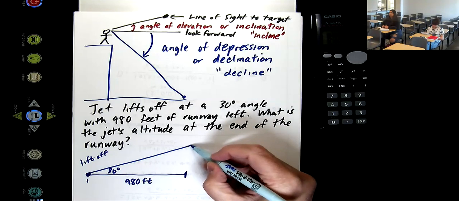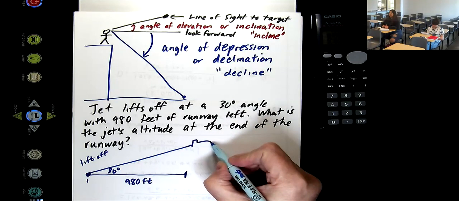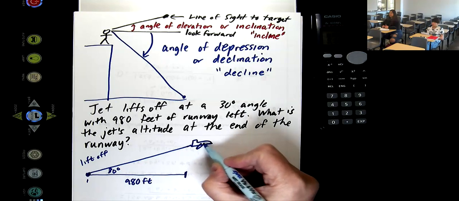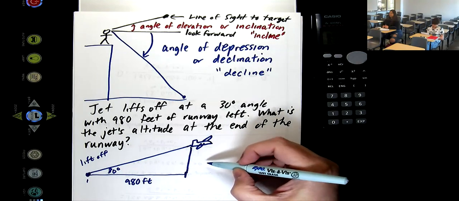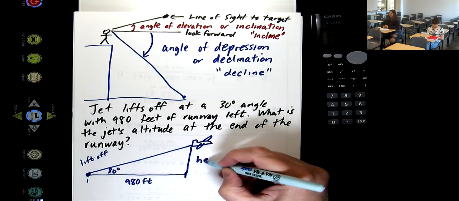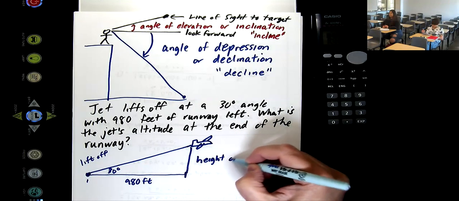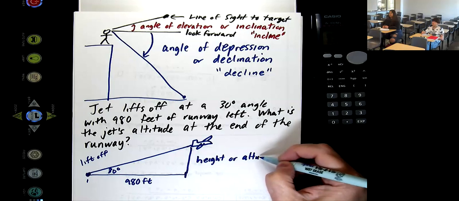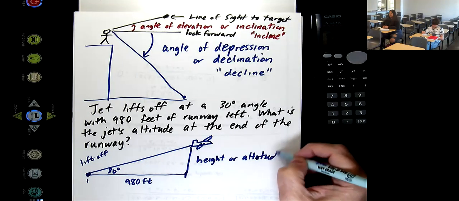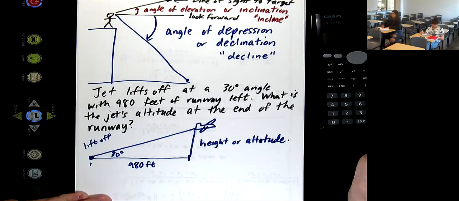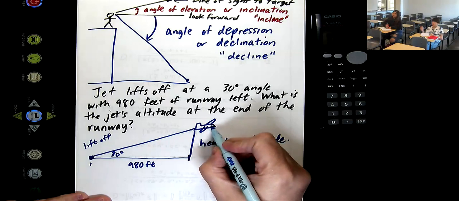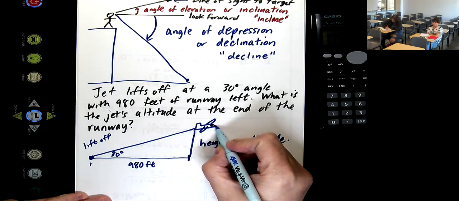And we want to know, here's my plane. How high up is that plane at the end of the runway? What is the height or altitude?